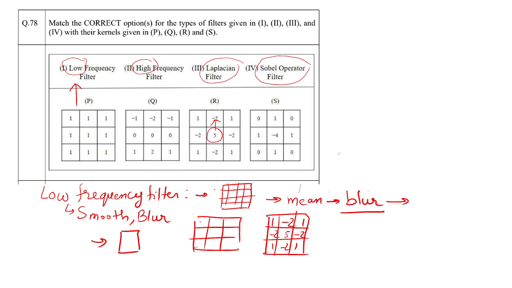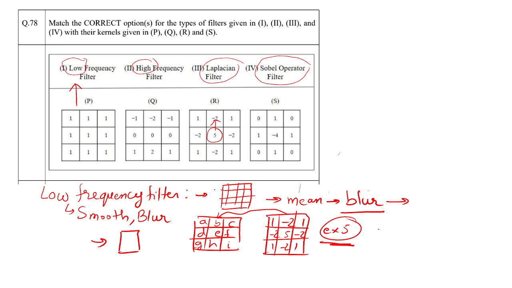When we multiply correspondingly with the image values, the center value is multiplied with 5, a big number, so it will be enhanced, and the other values will similarly be degraded, so it helps us enhance the middle value.